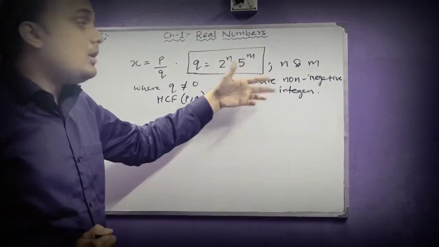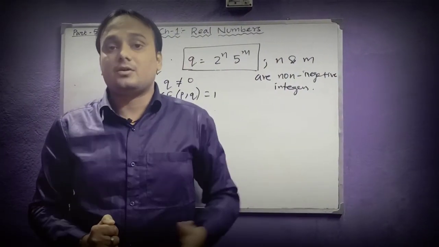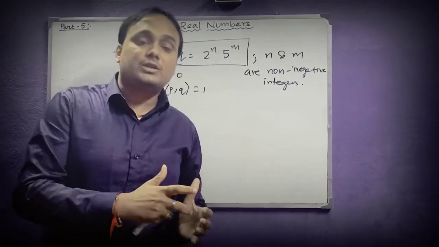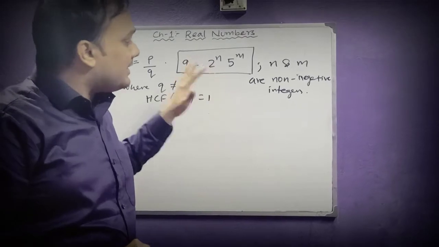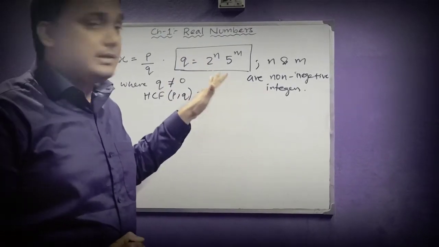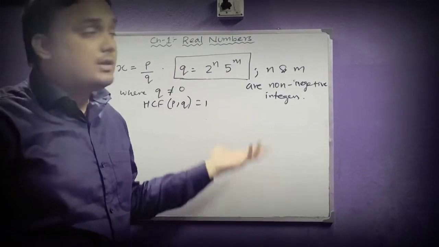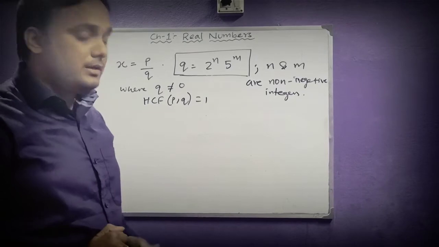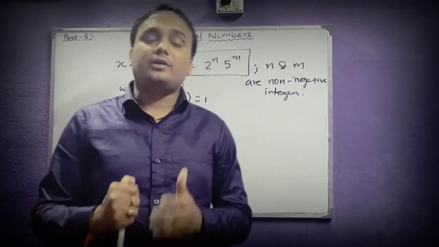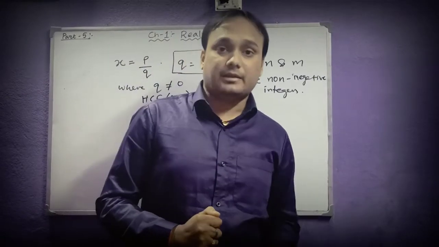But if I cannot express q in the form of 2 to the power n into 5 to the power m, or if I can express it only along with other factors like 3 or 7, then we come to the conclusion that yes, this is a rational number, no doubt about that, but its decimal doesn't have a terminating decimal expansion. It would definitely then have a non-terminating recurring decimal expansion, because in your previous class you saw non-terminating decimal expansion and non-terminating recurring decimal expansion.